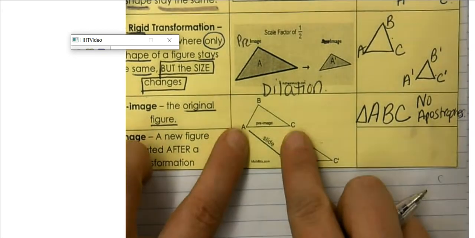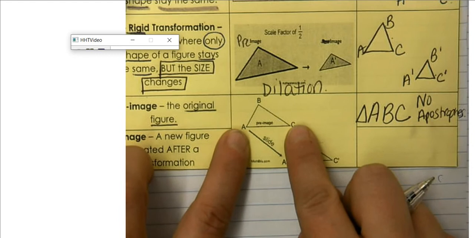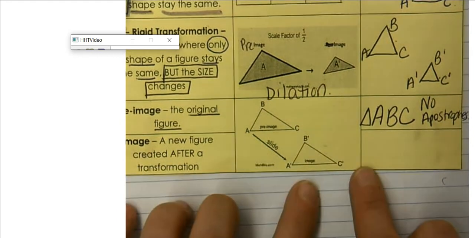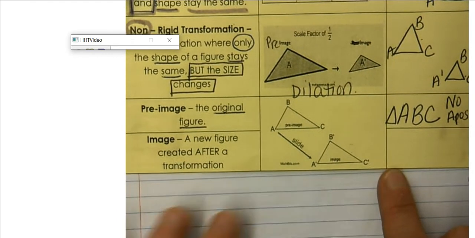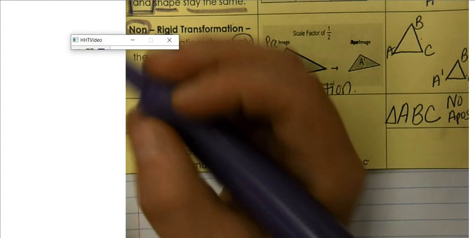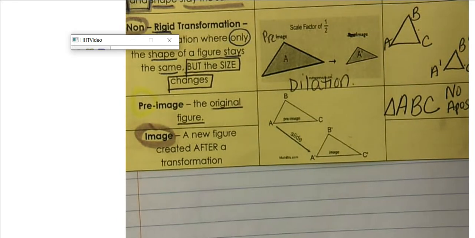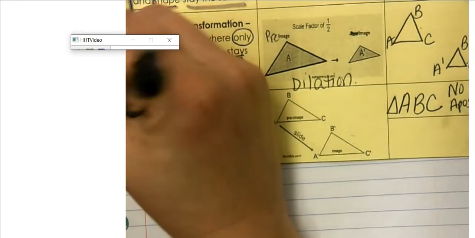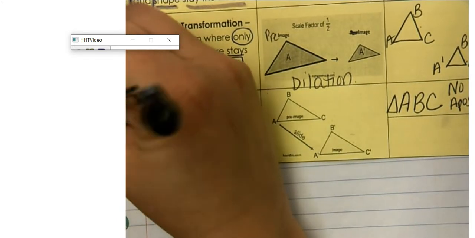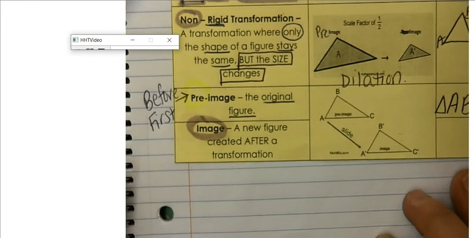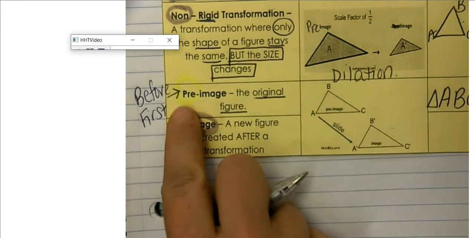So that's what we have right here, the original image. And then it slides or moves positions and it becomes an image. So remember that pre-image is what comes before. So I'm going to write before or first. So pre-image means what came before or what comes first.